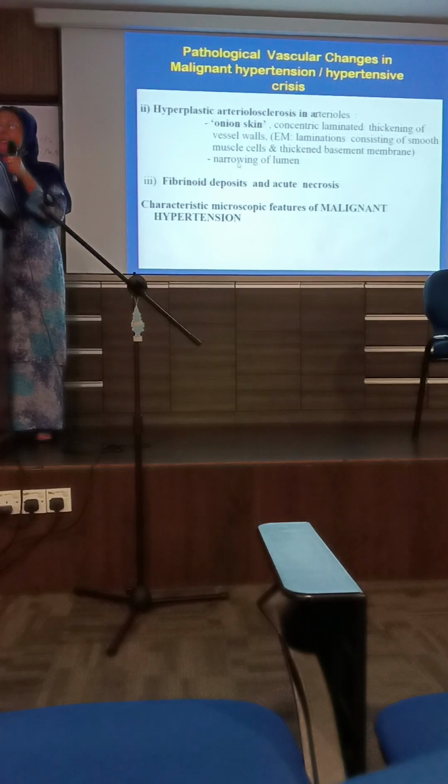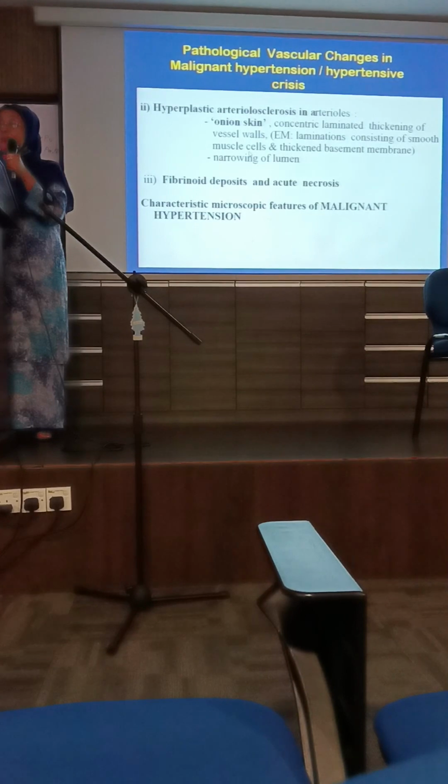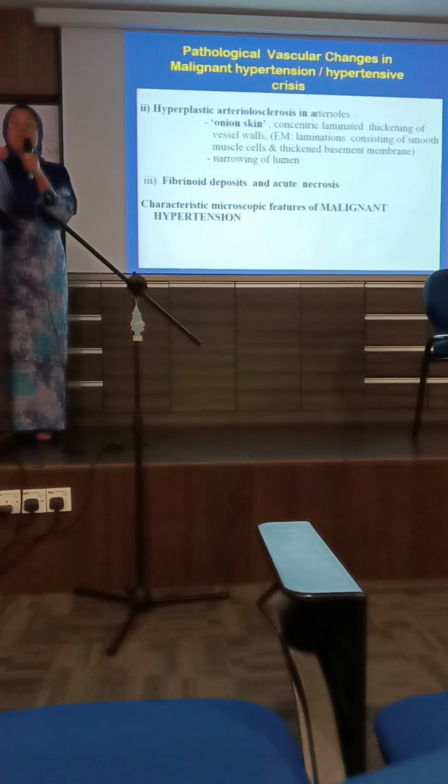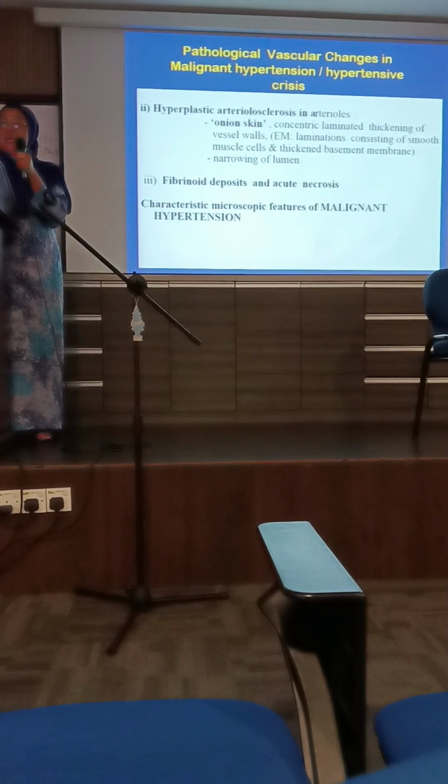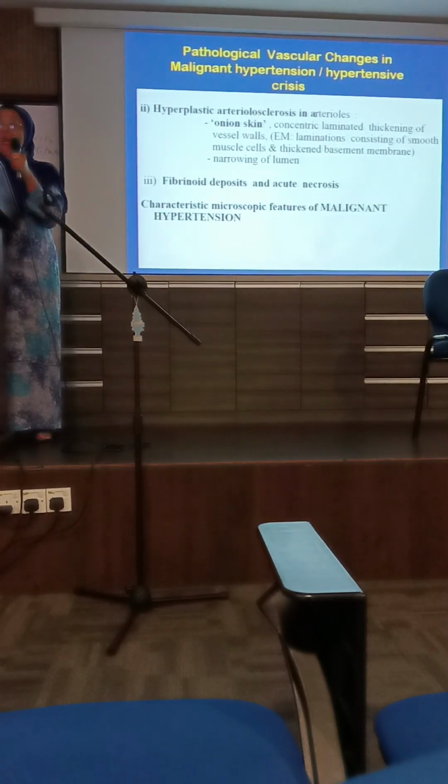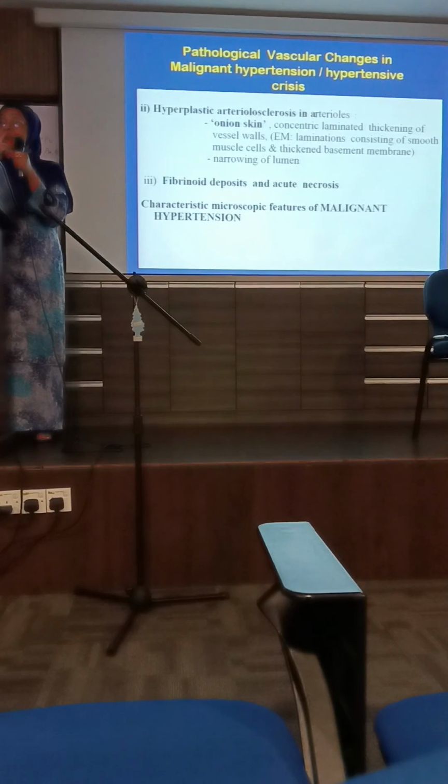It is called onion skin because the appearance is like a concentric laminated thickening of vessel walls. We can't see the laminations under light microscopy, you just see these onion skin changes.